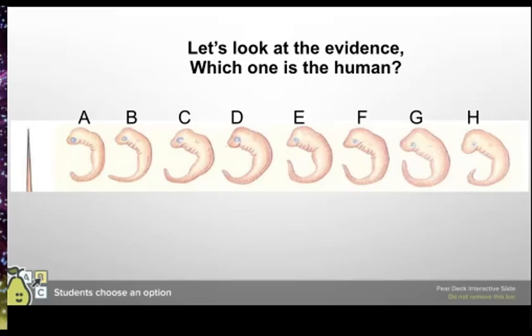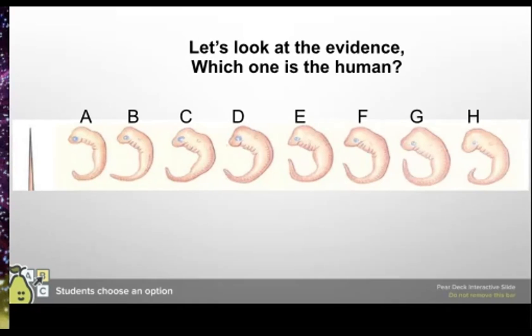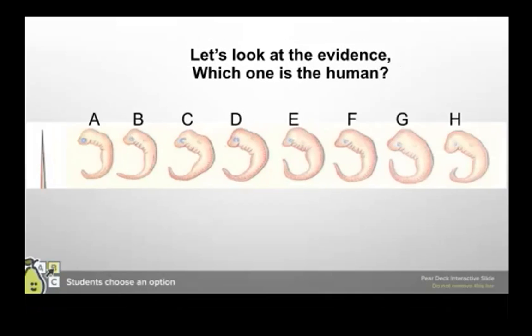Any ideas what all these embryos have in common? If you look at their pictures here, whether it's on Pear Deck or on the Zoom, some volunteers, what are some features that all the embryos actually share? Aditha, give me one. They all have eyes. They all have eyes. Yes. Amber.